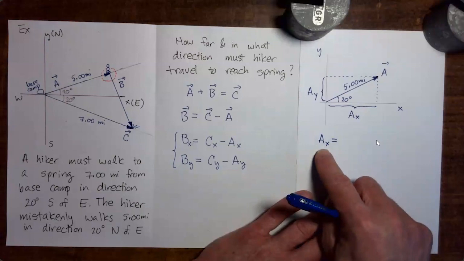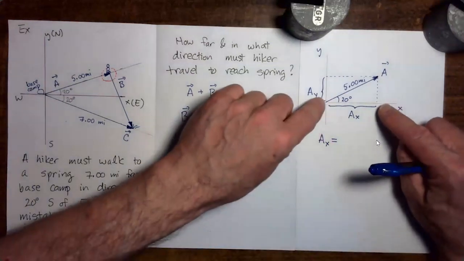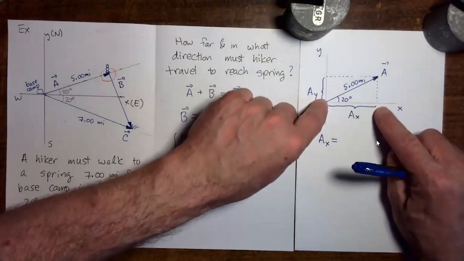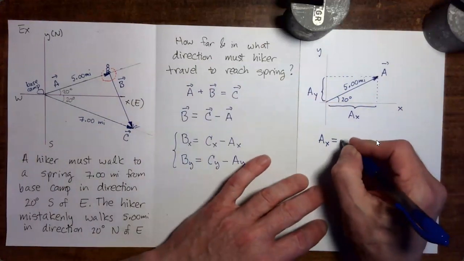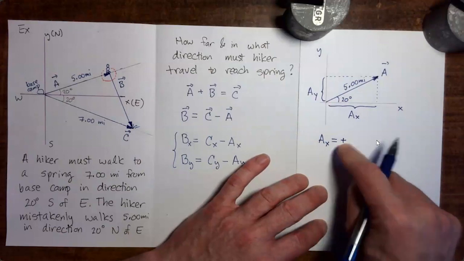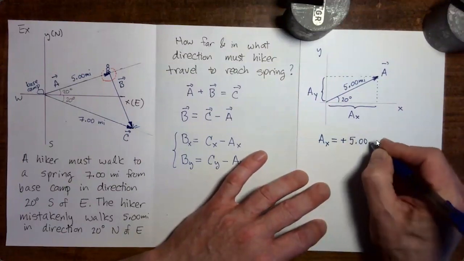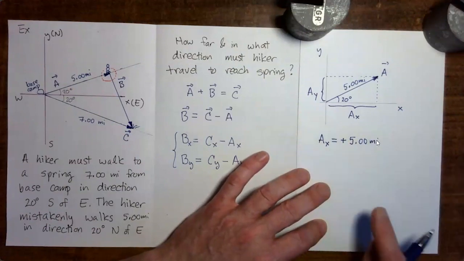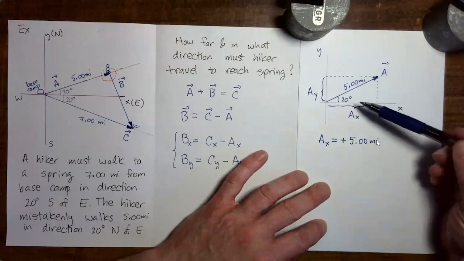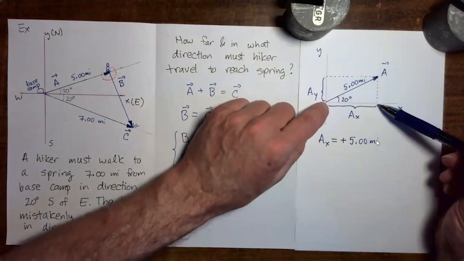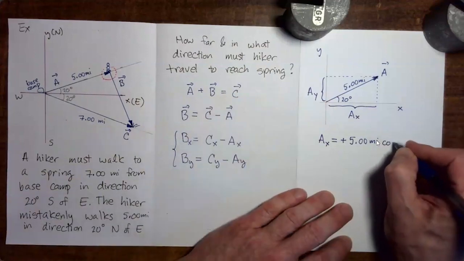So for the x component of vector A, you can see that that's going to be a positive component because vector A projects onto the plus x direction. So I'm going to put a plus sign, although you don't really have to put that. And then I'm going to put the magnitude, 5 miles. Now I put either a sine or a cosine. The angle we're using here is the 20-degree angle, and a sub x is adjacent to the 20-degree angle, so I'm going to put cosine 20.